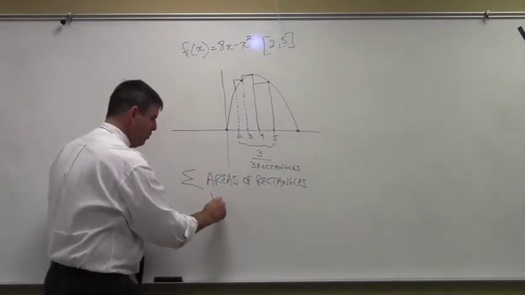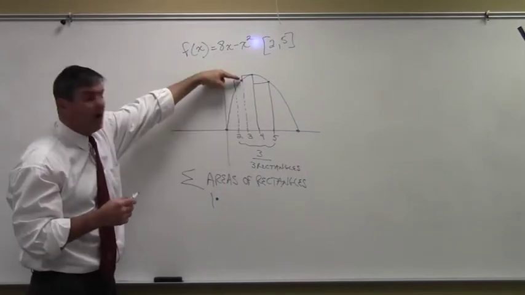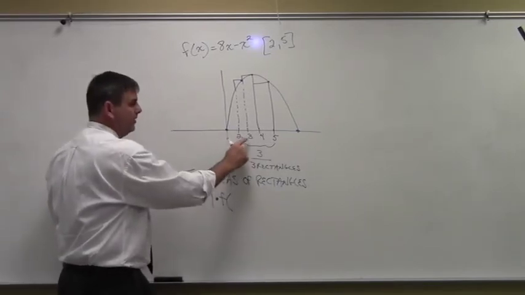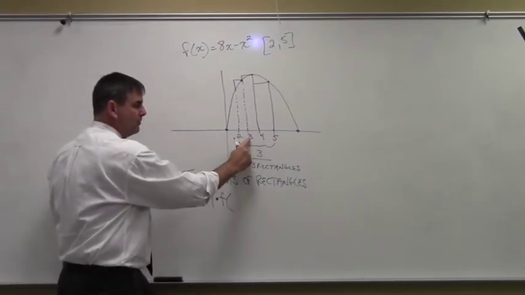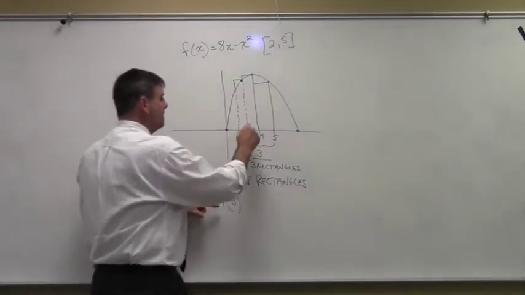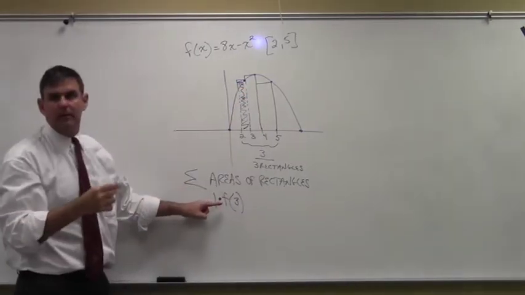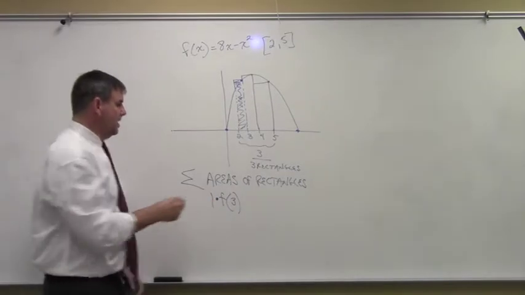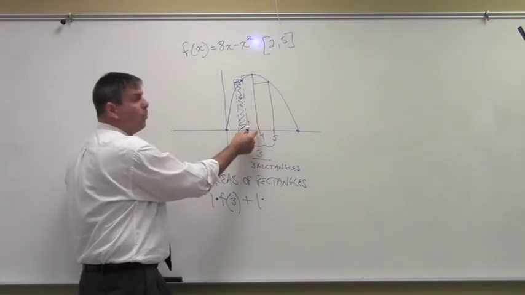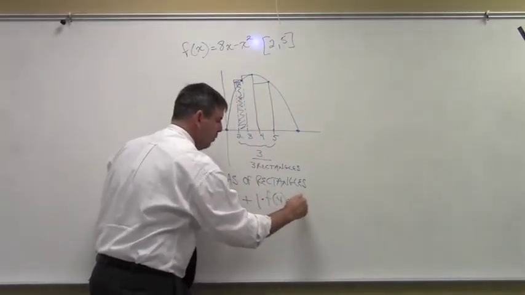And the height of the rectangle is whatever f is at the rightmost point of the rectangle, which is 3. That would find the area of this blue rectangle, which again is going to be a little bigger than the actual parabola. I'm going to add that to 1 times, again the width is still 1, times the height, which would be f of 4, plus 1 times f of 5.